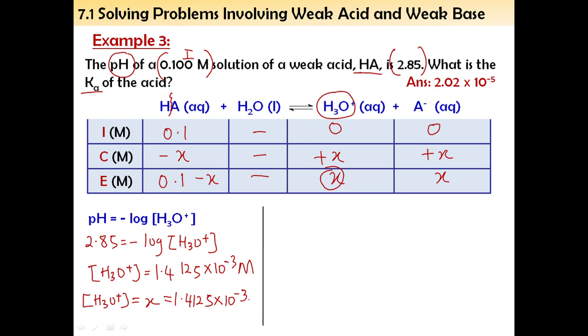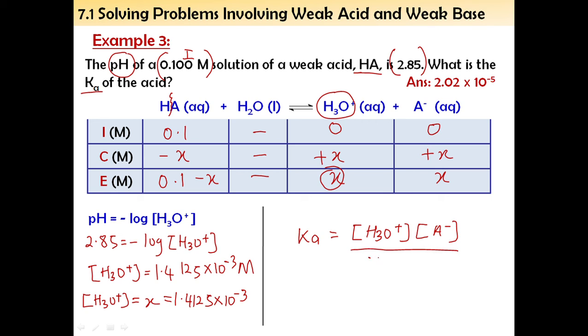So, if I know the value of X, I can find the equilibrium concentration for HA, H3O+ dengan A-. Kenapa kena ada? Because if I want to find the Ka, this is the expression. And saya kena guna concentration H3O+ at equilibrium. A- pun at equilibrium.